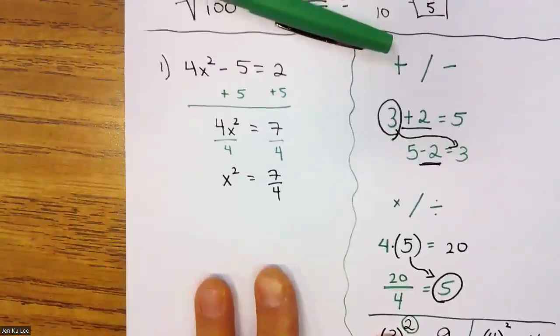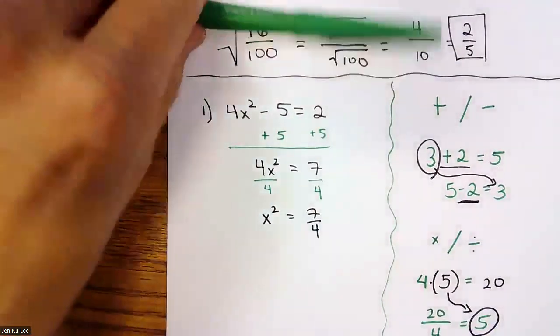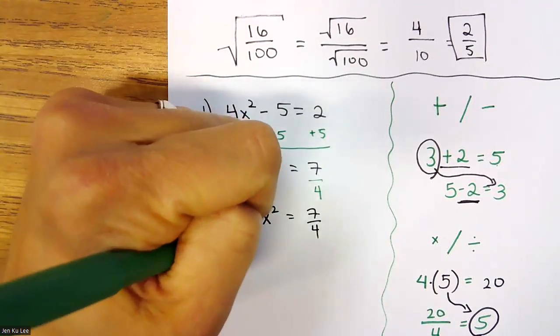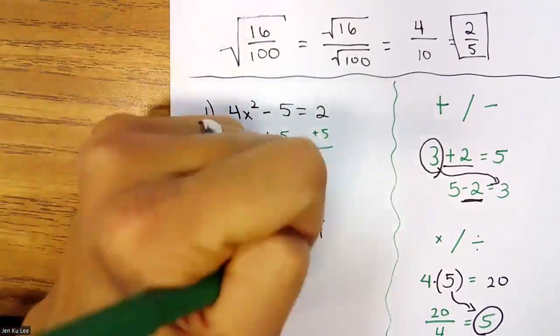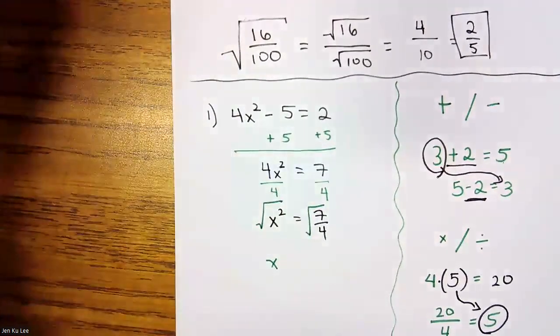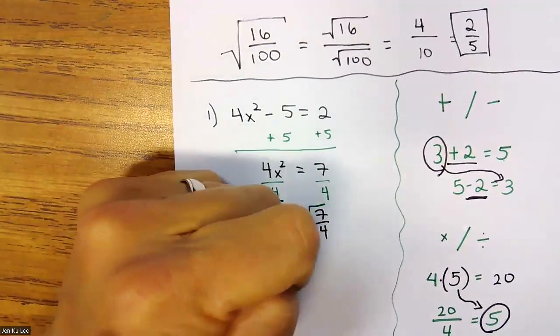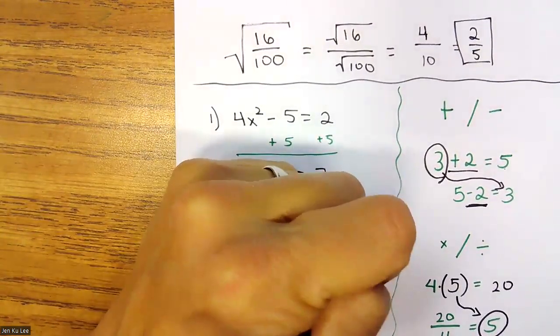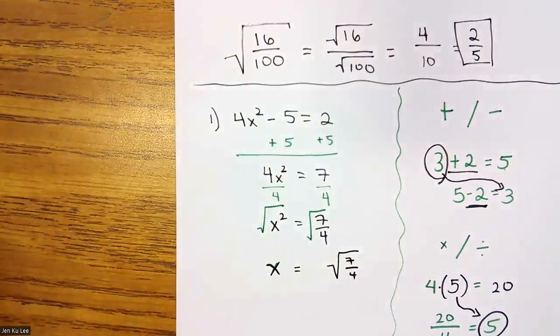So here, going back to my first example, in order to get rid of the squared, I would square root it, right? So x is going to equal the square root of 7 over 4.